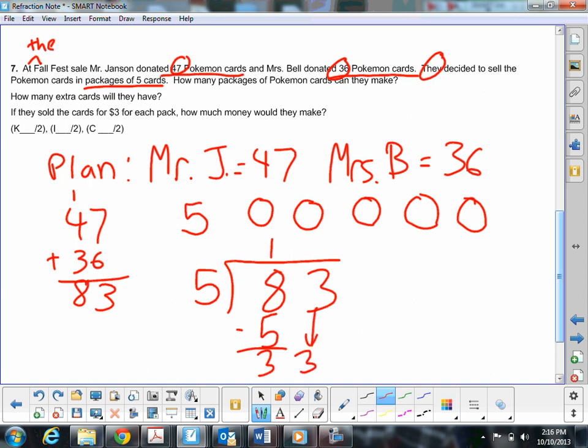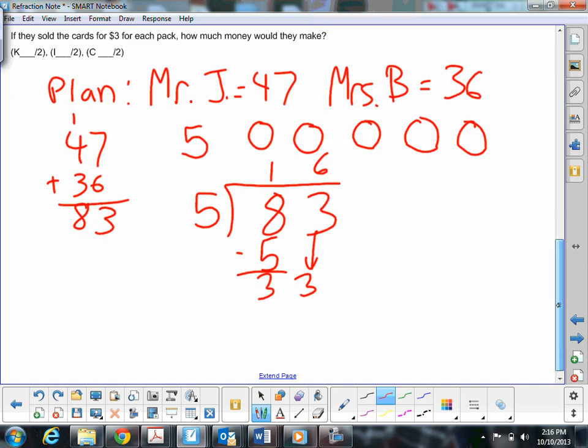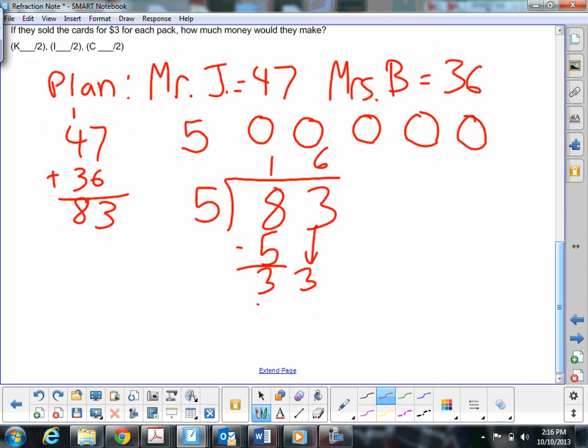Bring down the 3. 5 into 33 goes 6 times. 6 times 5 is 30. Subtract, remainder 3. So we have 16 packs and remainder 3.